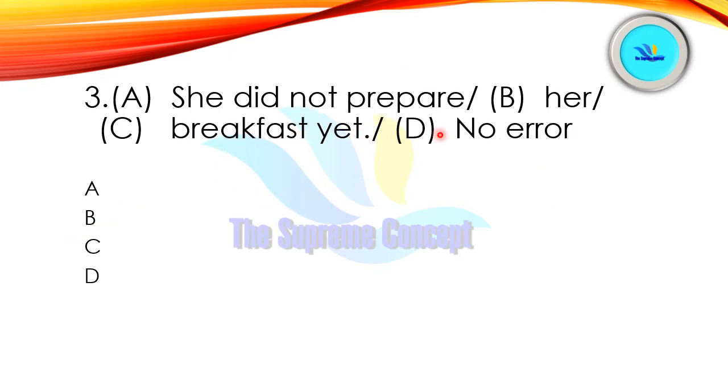She did not prepare her breakfast yet. Now find out where the error lies. Yes, you are correct. The error lies in part A, so option A is correct here. Instead of "she did not prepare", we will use "she has not prepared".